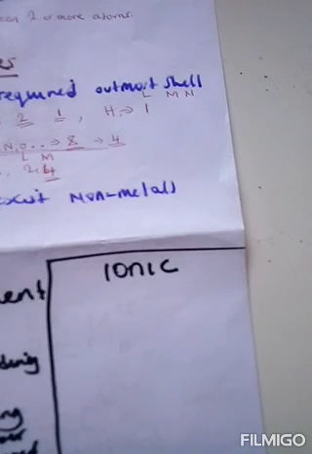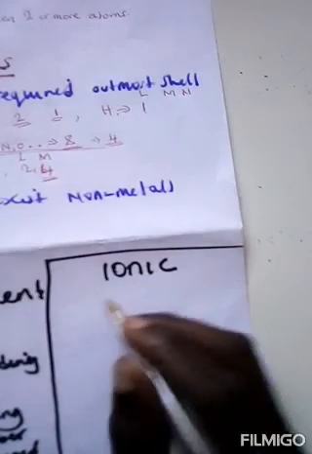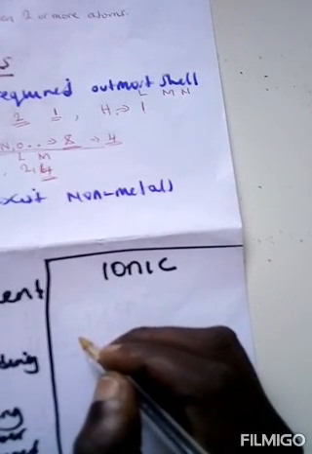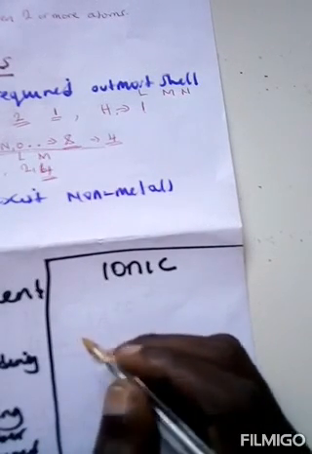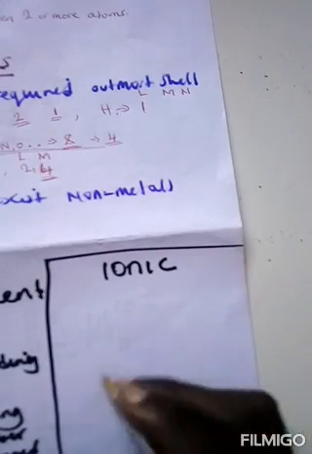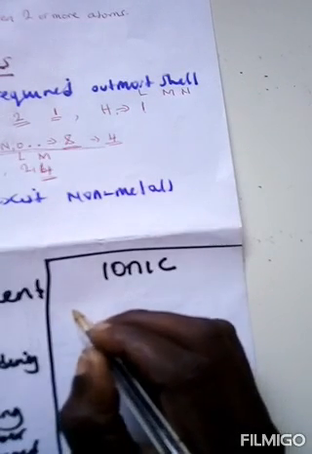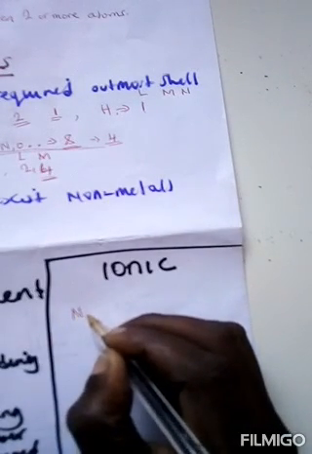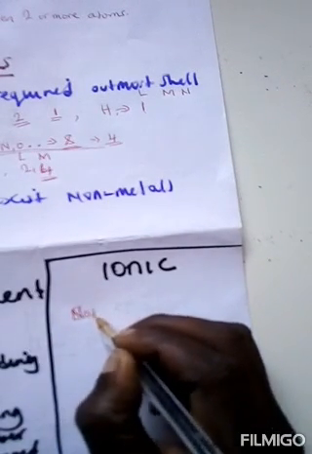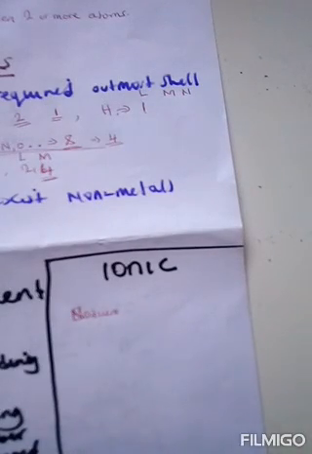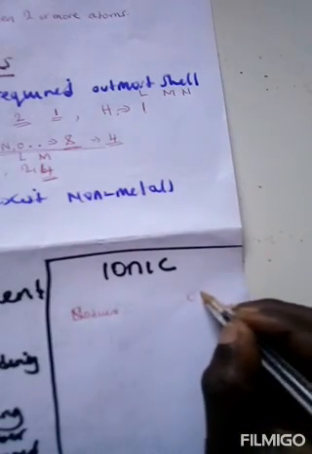So in an ionic bond, there will be an element to give electrons and another element to receive electrons. So let's take, for instance, you give me an example of an element that can lose electrons. Okay, we have, let's say, sodium, which can lose its electron, and another element that can gain an electron is chlorine.